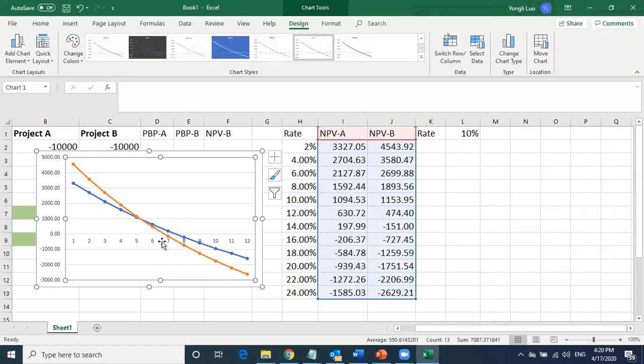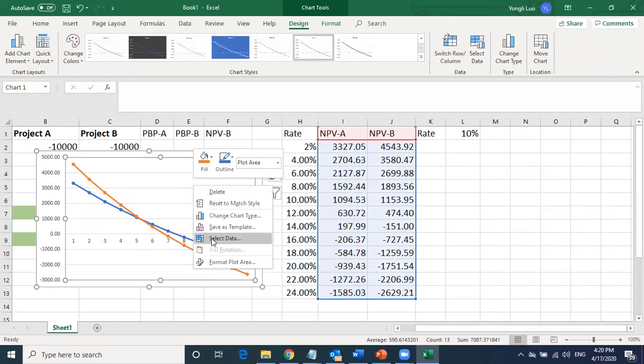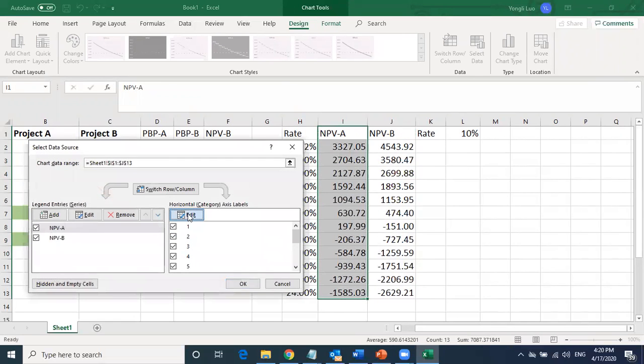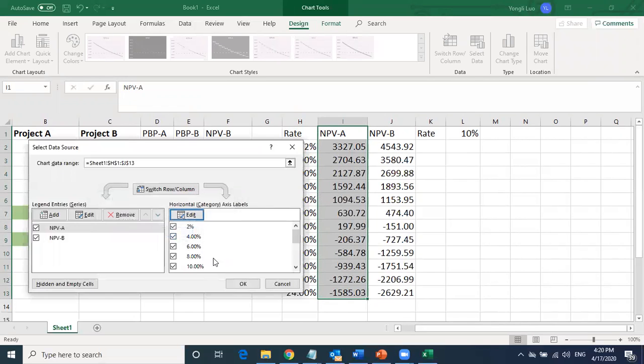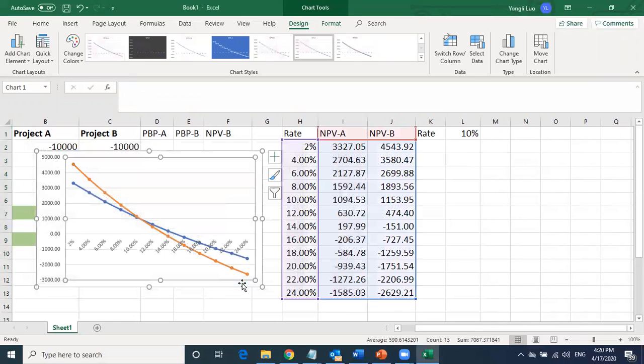They have a cross point somewhere here, and we want to know what that cross point is. Right click, select data, and add the rate. We can see it is around 10%. Around 10%, that means they have a crossover point.